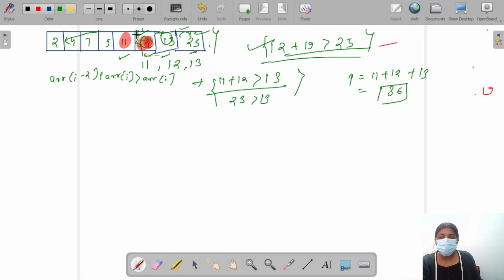So do I have to search for another perimeter for other sides also? Maybe there will be many sides that form triangles here. Let's suppose I take 4, 7 and 9.